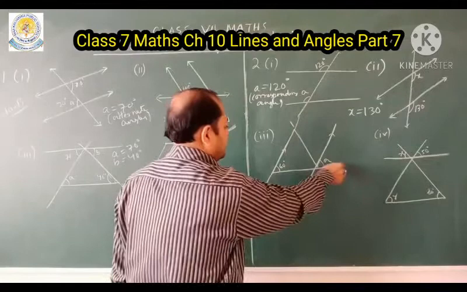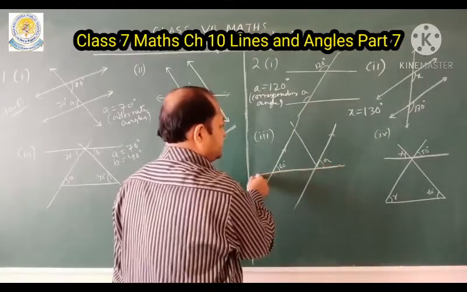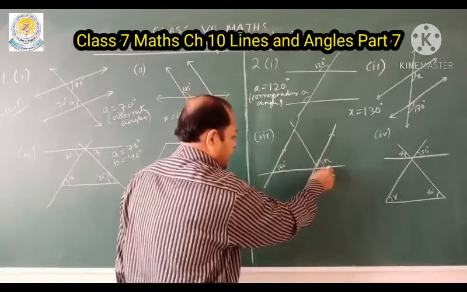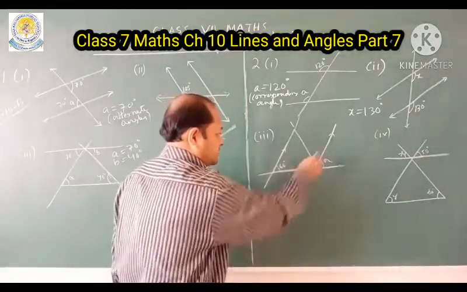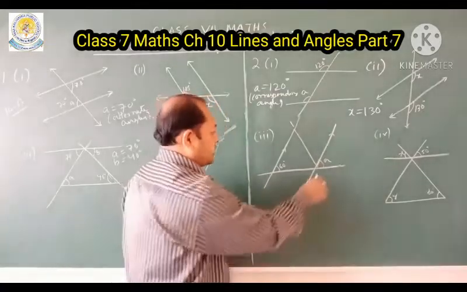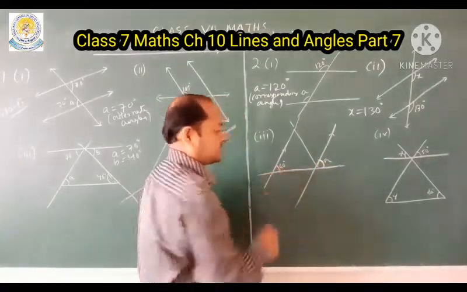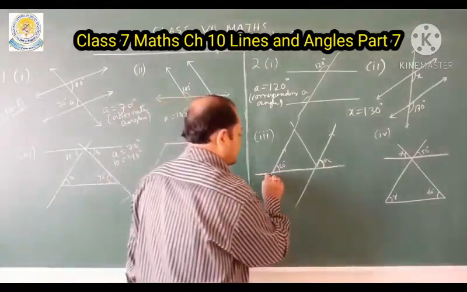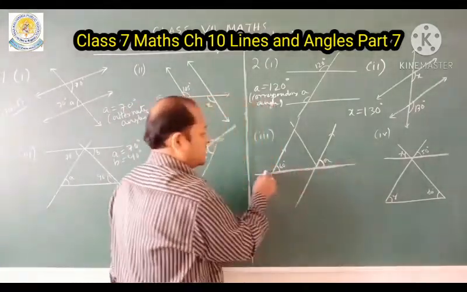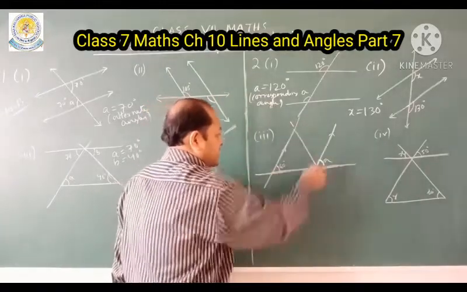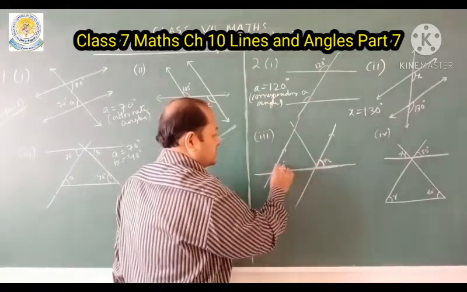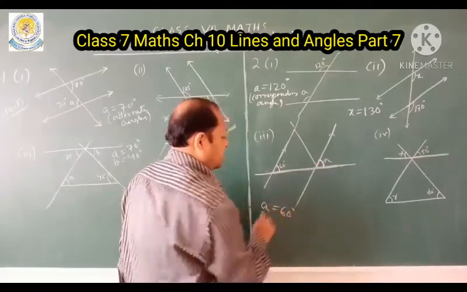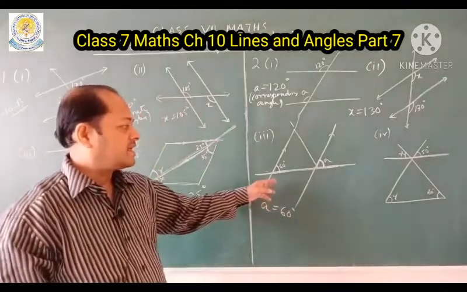Otherwise, if you consider this as the transversal line, then these are the two lines crossed by the transversal. The A angle and the 60 degree angle are on the same side of the transversal line. So you consider A equal to 60.